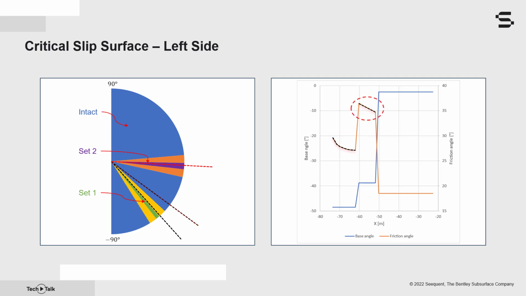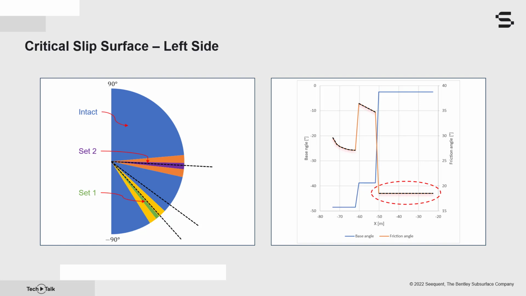For the middle portion of the slip surface, the mobilized friction angle only depends on the intact rock mass, which in this case uses the Hoek-Brown failure criterion. Finally, the friction angle for the last section of the slip surface only depends on the second joint set and is constant at 18.5 degrees per the Mohr-Coulomb material model it uses.